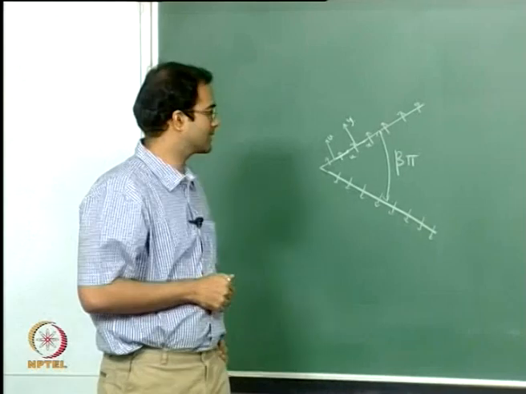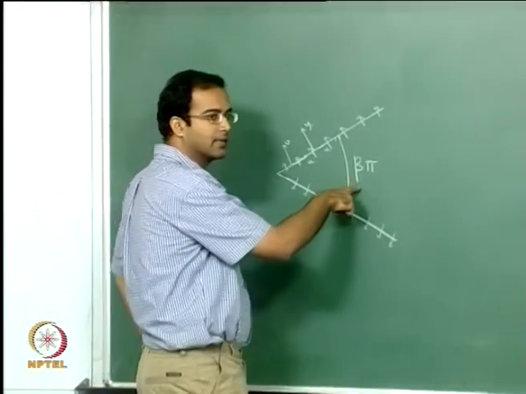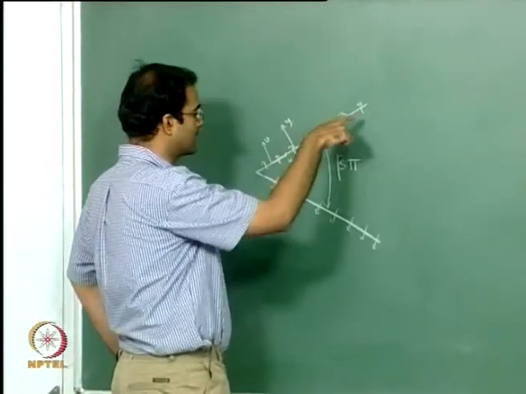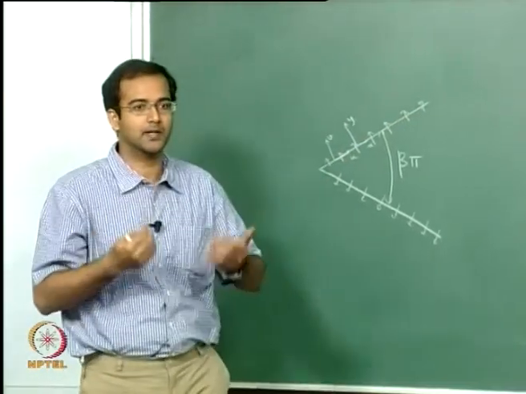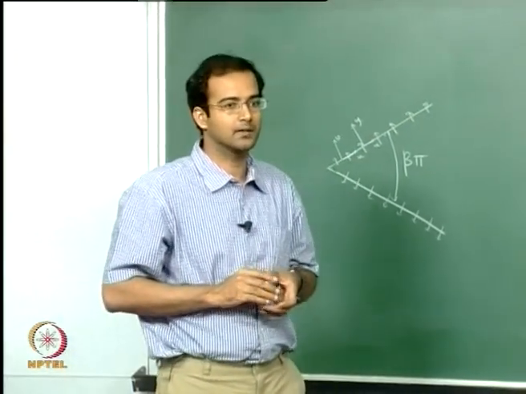The limiting case of m equal to 0 leads to beta equal to 0, for which you have the flat plate case where you have transpiration from the walls of the plate.